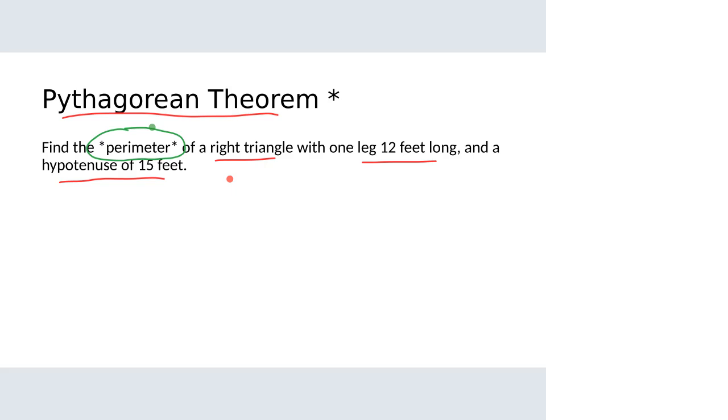This is our last Pythagorean theorem question. After this one, we're going to roll ourselves into the trigonometry part of the day.